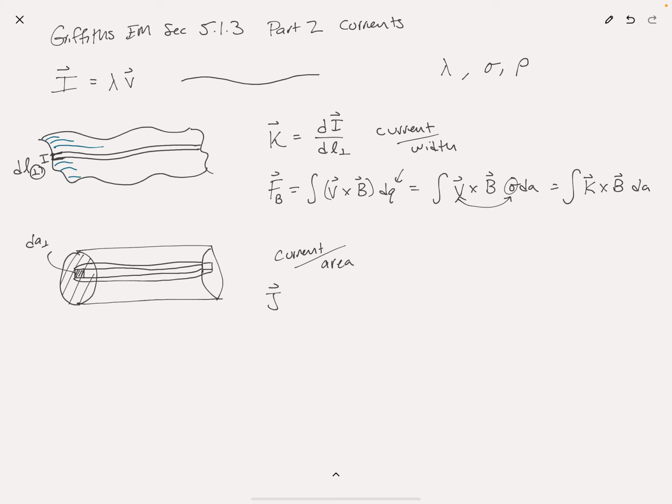That is the volume current density J, the amount of current that goes through that piece normalized by that area.